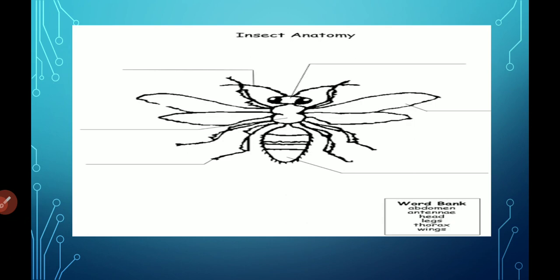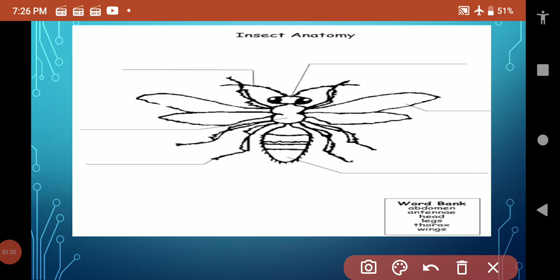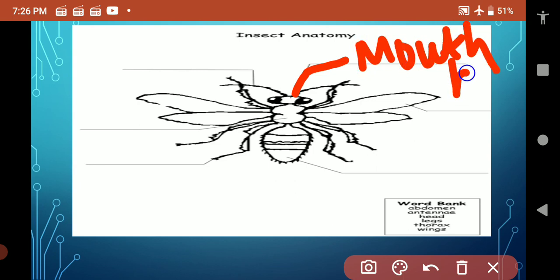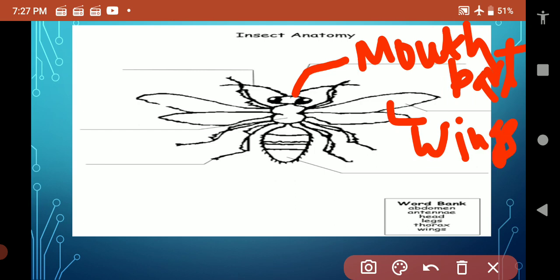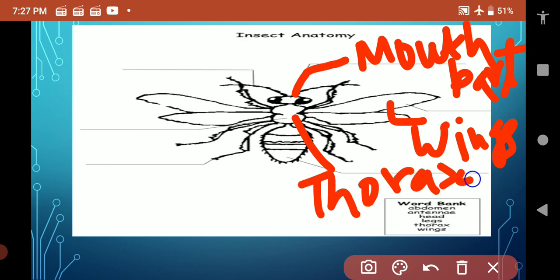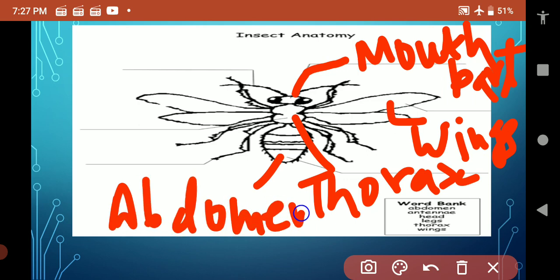Now all of you label the parts of the insect. Tell me, this is the mouth part, these are wings, thorax, this one abdomen, and these two are antennae.